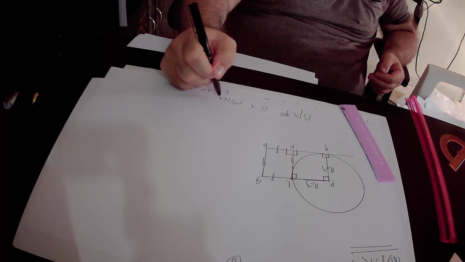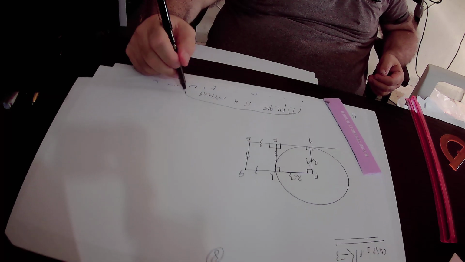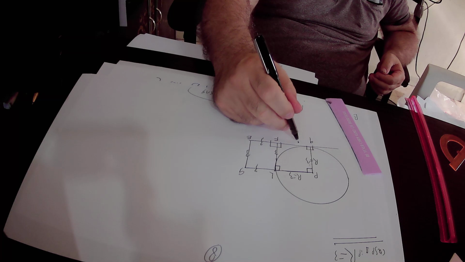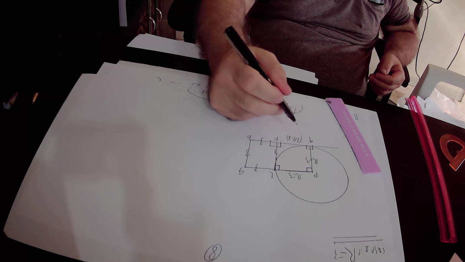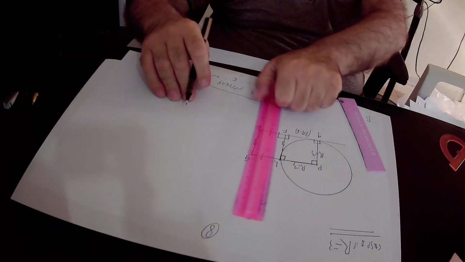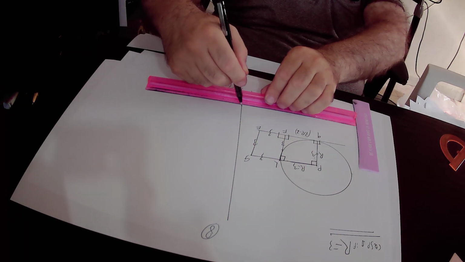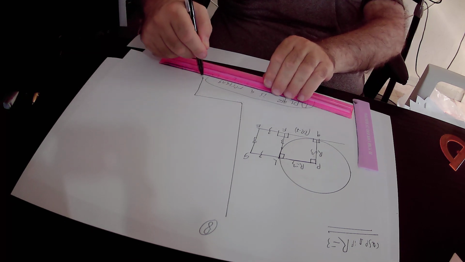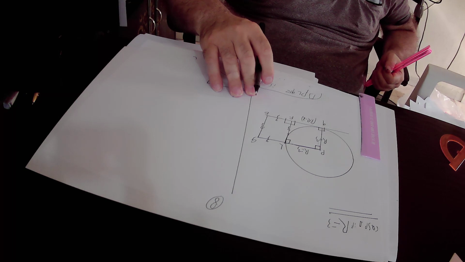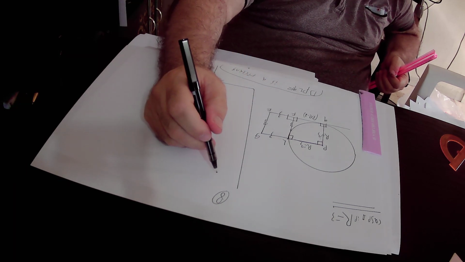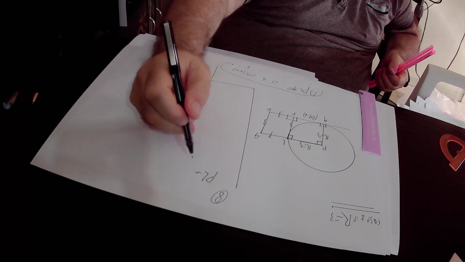Because it has 4 right angles. And we know that the opposite sides of a rectangle are equal to each other. That is to say, the opposite sides of rectangle PLQF are equal to each other. Therefore, PL is equal to QF.